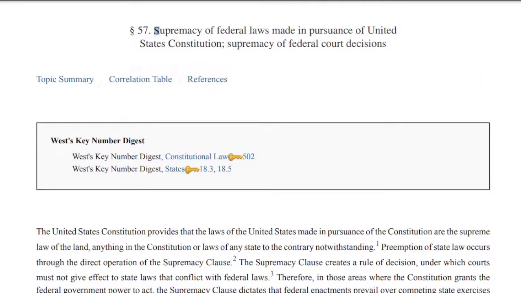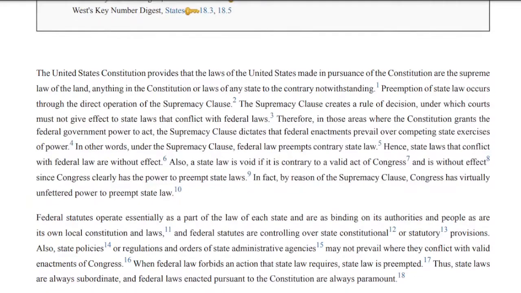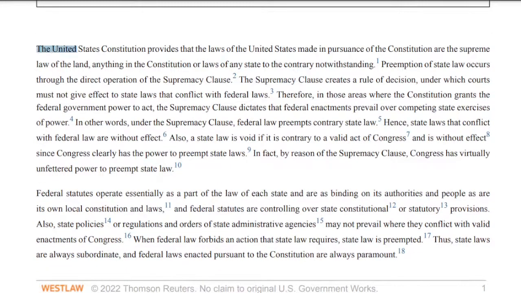Supremacy of federal laws made in pursuance of the United States Constitution. The supremacy of federal court decisions. The United States Constitution provides that the laws of the United States made in pursuance of the Constitution are the supreme law of the land, anything in the Constitution or laws of any state to the contrary notwithstanding.